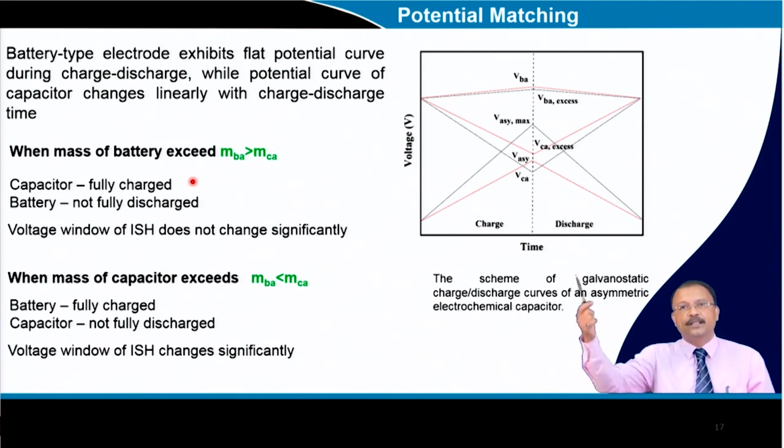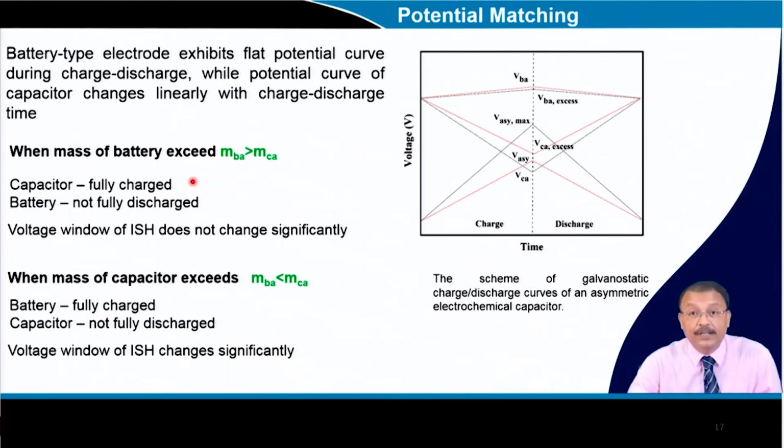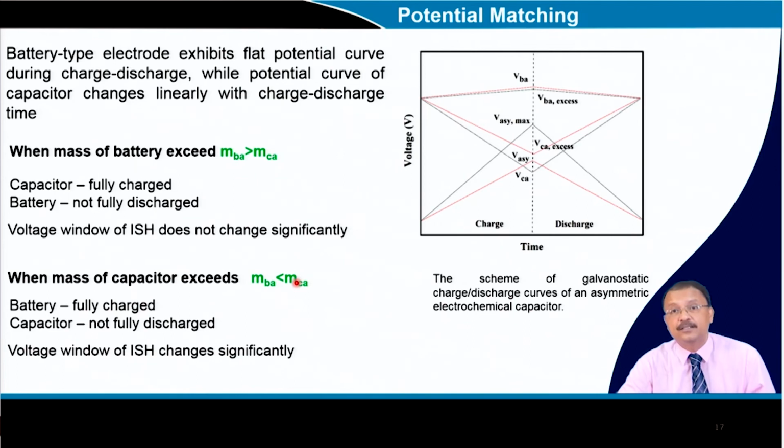If something is getting charged, the other component is getting discharged. So, the voltage window of the internal serial hybrid does not change significantly, but when the mass of the capacitor exceeds, then the battery is fully charged, but the capacitor is not fully charged. So, again the voltage window of the internal serial hybrid changes significantly. That is shown in this schematic.